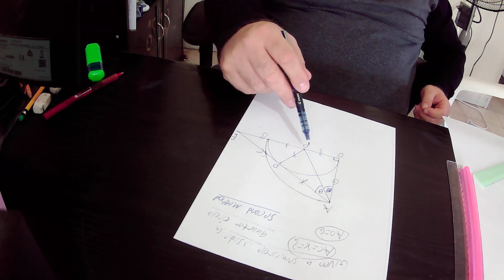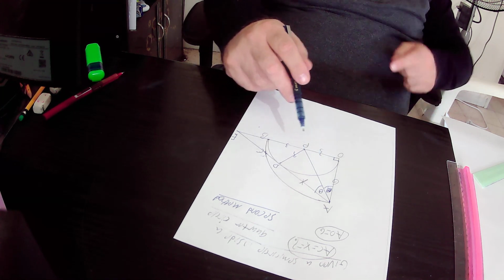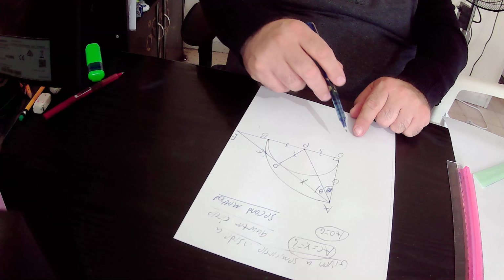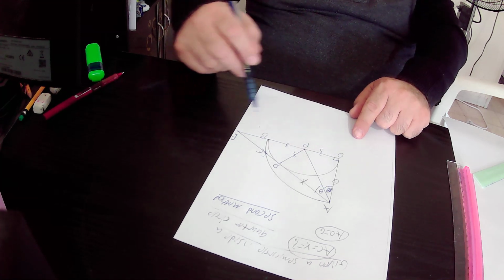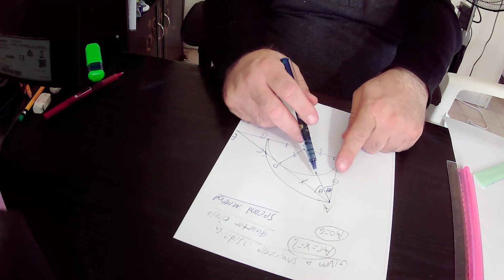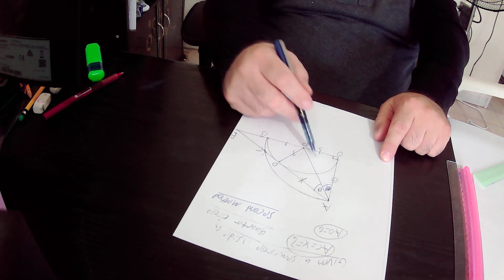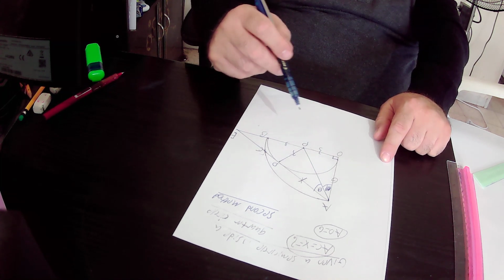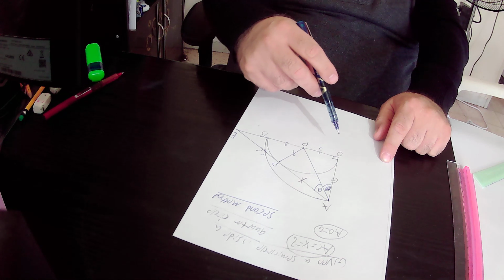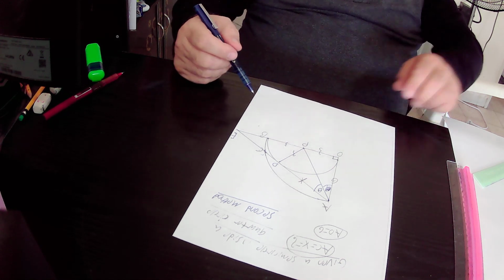Here AP is the angle bisector. Why? Because it bisects angle OAE into two halves. Each half equals theta. Therefore, AP is the angle bisector of angle OAE.